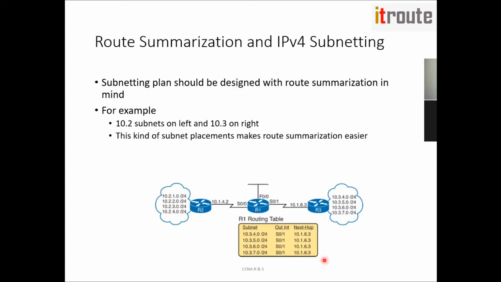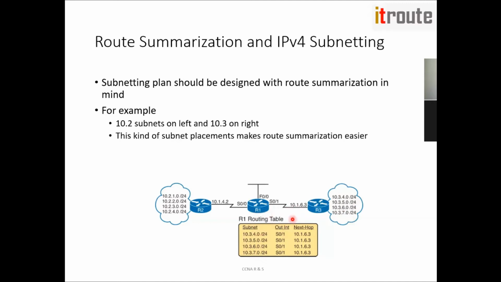Now, if we look at this routing table, R3 is advertising 10.3.4.0, 10.3.5.0, 10.3.6.0, and so on. If it is advertising four of them, then looking at the R1 routing table, we'll see four routes.